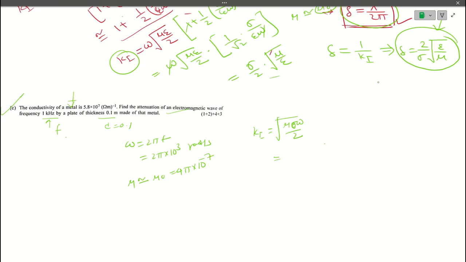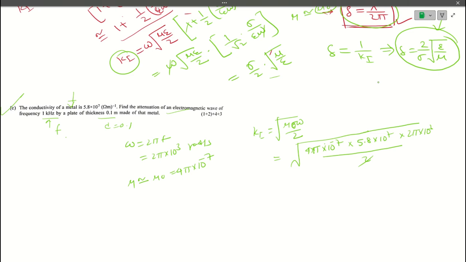So for ki it will be root of 4 pi 10 to the power minus 7 times sigma, that is 5.8 into 10 to the power 7, into twice pi into 10 to the power 3, divided by 2.